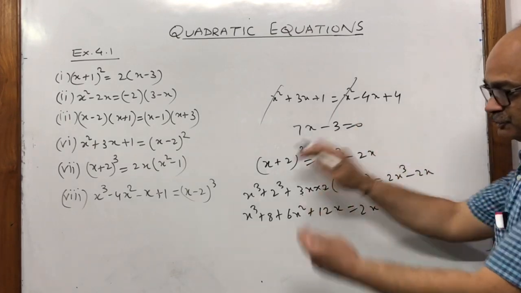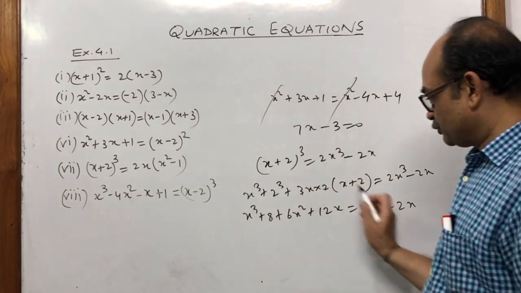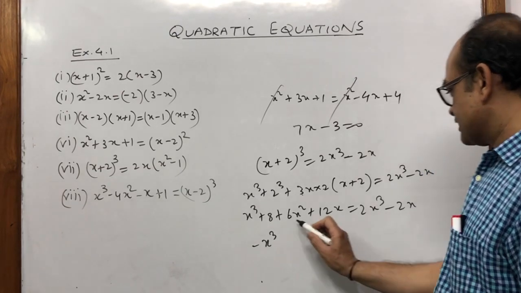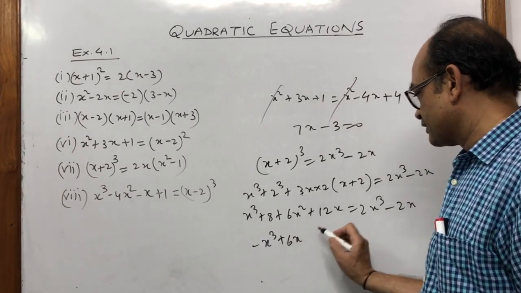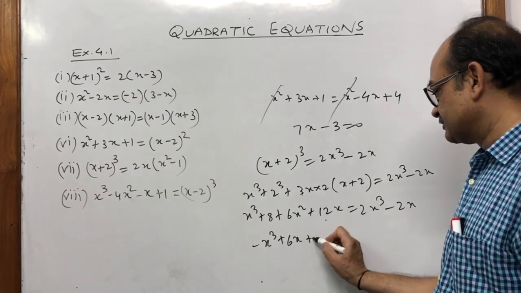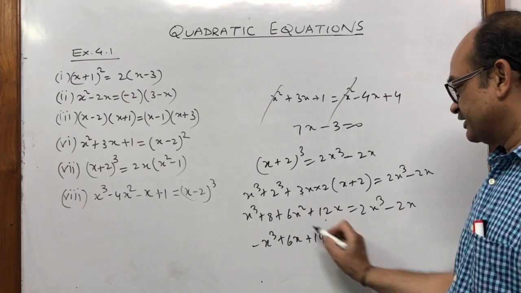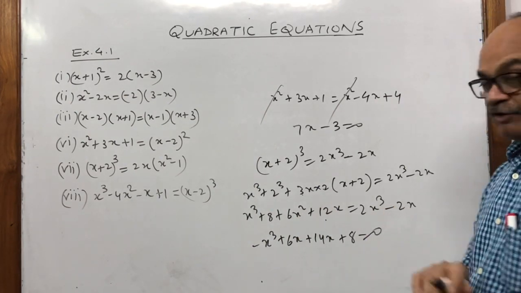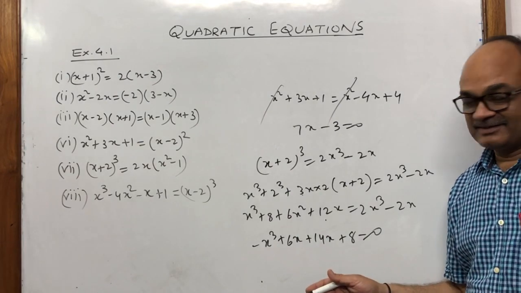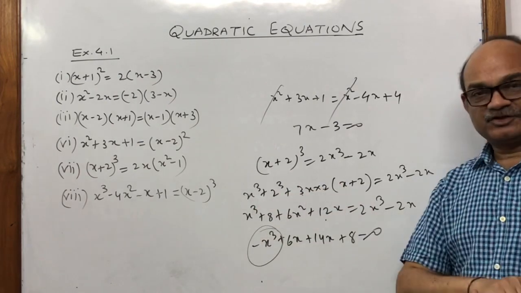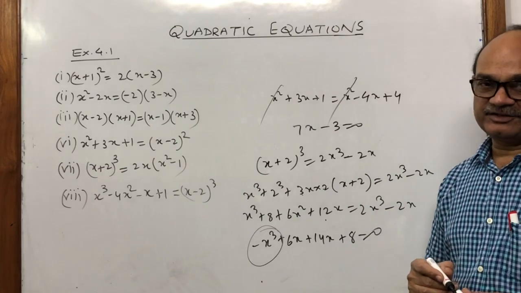Shift all the terms to left hand side. What we are getting? 2x cube to this side, x cube, 6x square as it is, 12x and 2x, 14x, and constant is only 8. What we are getting? A cubic. Hence, since it is cubic, it is not a quadratic equation.